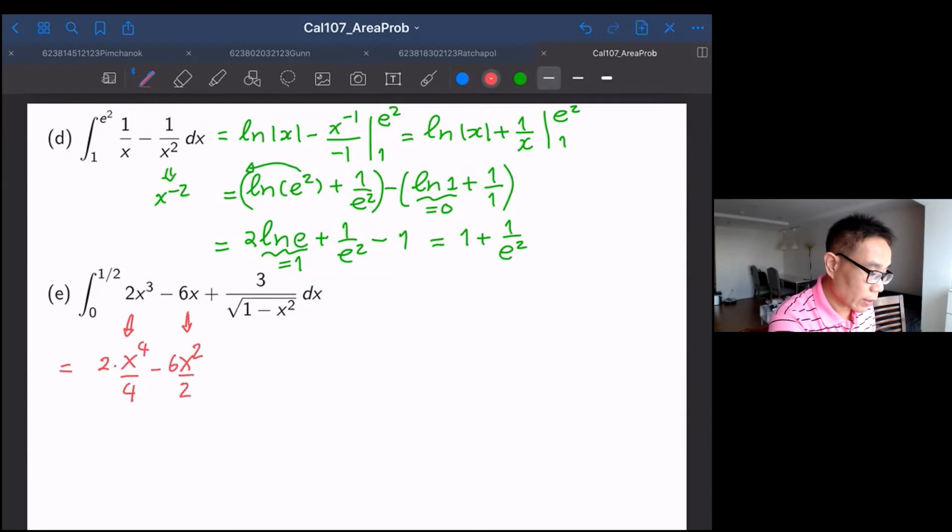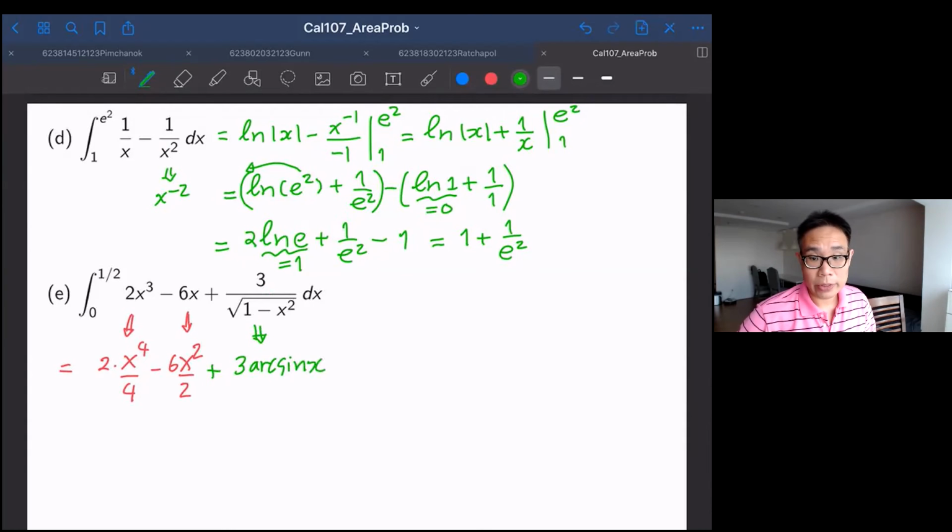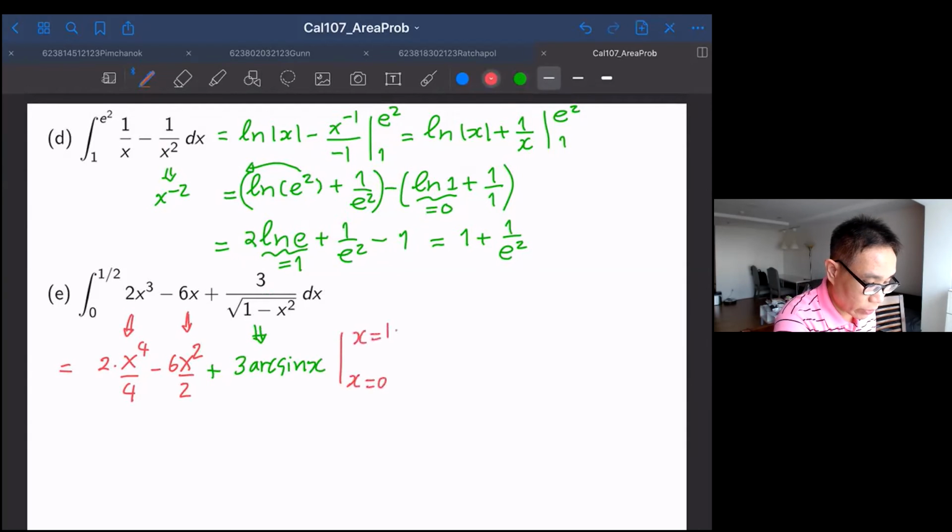And the last one, the thing that you have to be a little concerned about, is a special formula. It's going to be 3 arc sine x. So it's going to be from x equal to 0 to x equal to 1/2.